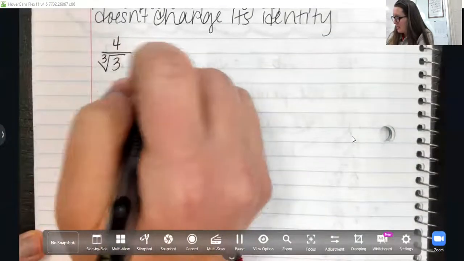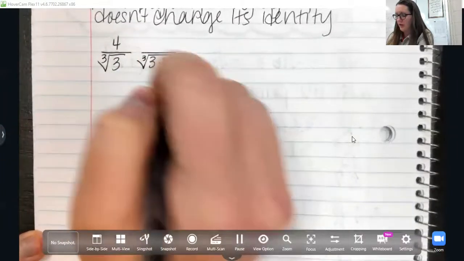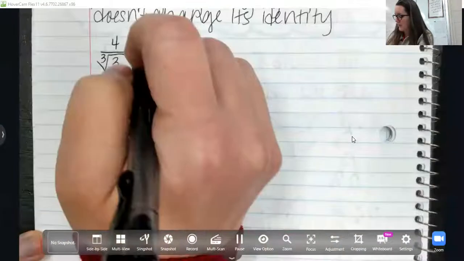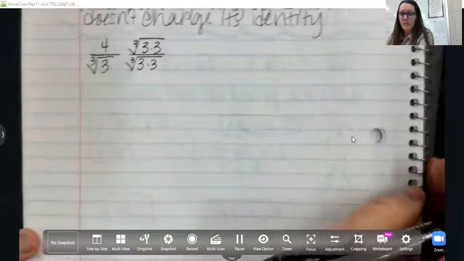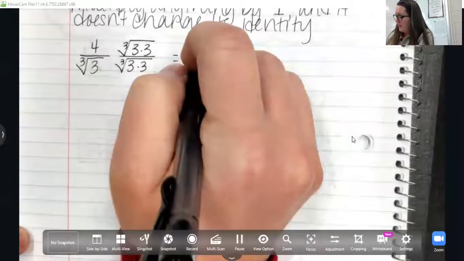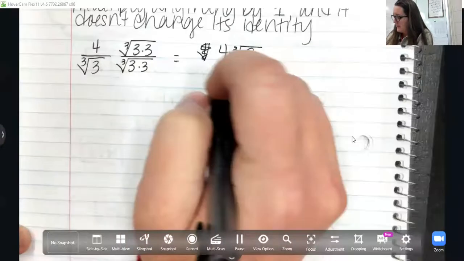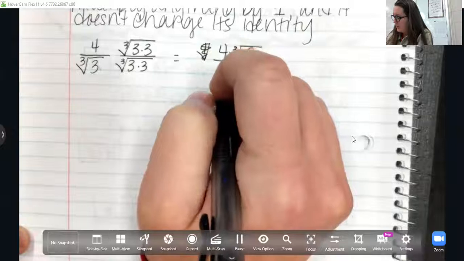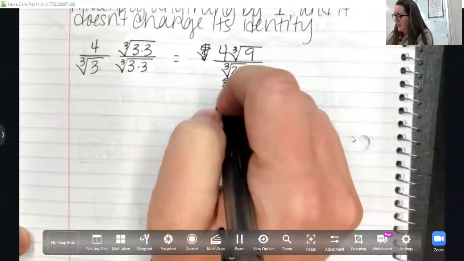So think to yourself, how many more 3's do I need to make a group of 3? I need 2 more 3's, 2 more 3's to make it a group of 3. So on the top, we would have 4 times the cubed root of 9 divided by the cubed root of 27. Well, the cubed root of 27 is 3 times 3 times 3.